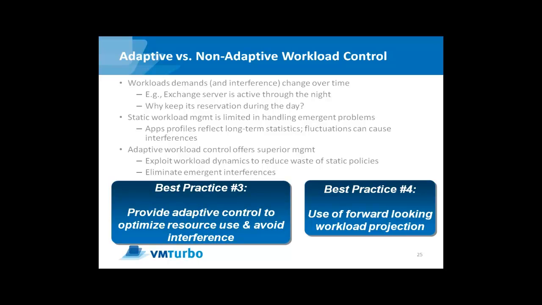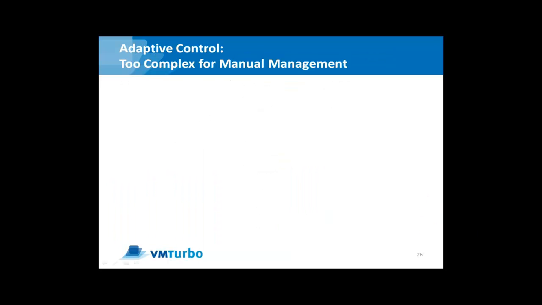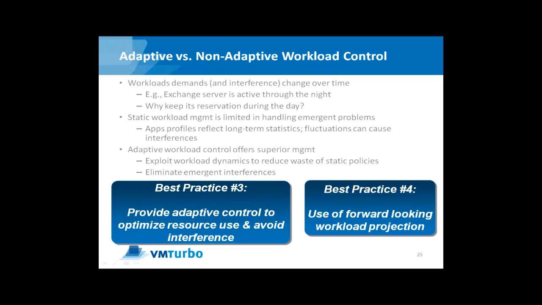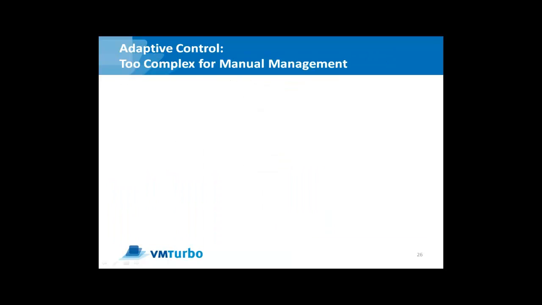They may be daily peaks, weekly peaks, end of month, end of quarter, end of year. There are often regular peaks. So taking advantage of historical peaks and looking forward is another best practice. And together, this overcomes the inefficiency that comes with placing workloads statically or on an ad hoc basis.